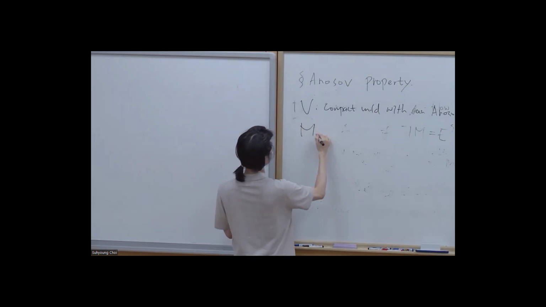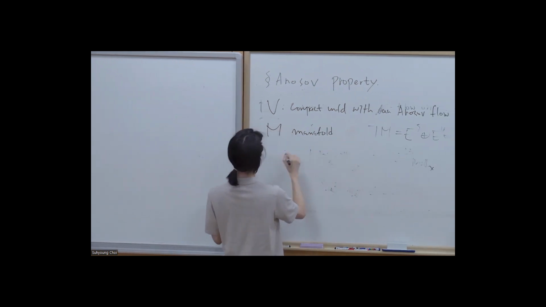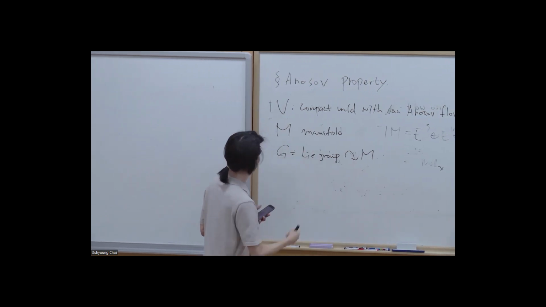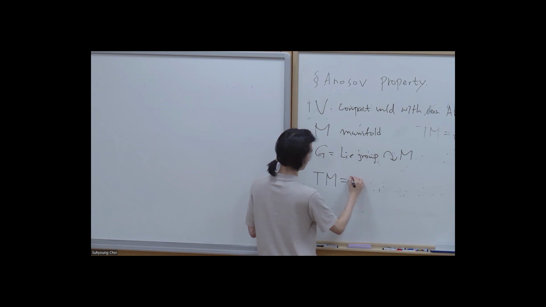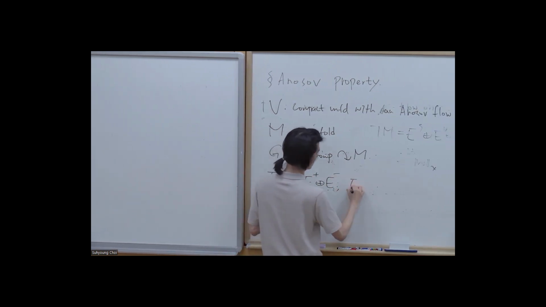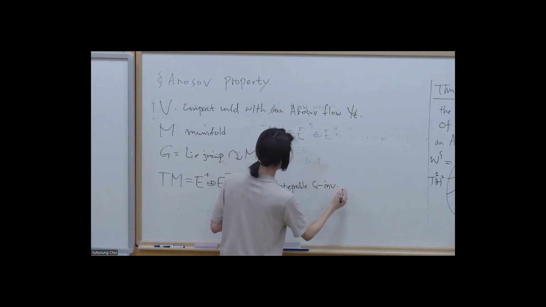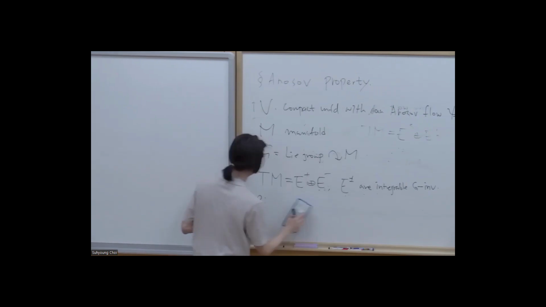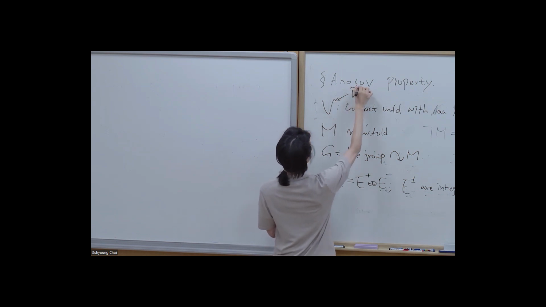Let's take M to be another smooth manifold, and let's say a Lie group G acts on M, and this M admits a pair of transverse foliations, G-invariant, integrable, a G-invariant splitting. Sorry, we have an Anosov flow, and we should have a discrete group that comes from taking a normal covering.